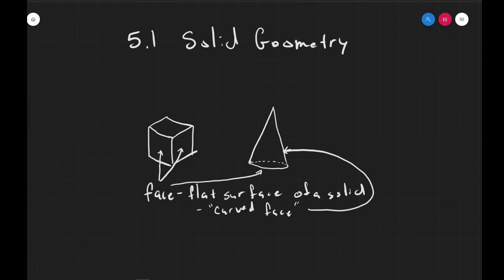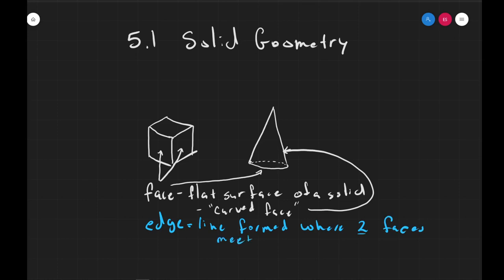Okay, so we have some faces. Next, we want to talk about edges. So an edge is the line formed where two faces meet.